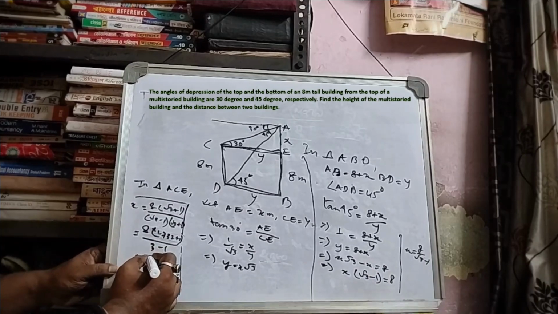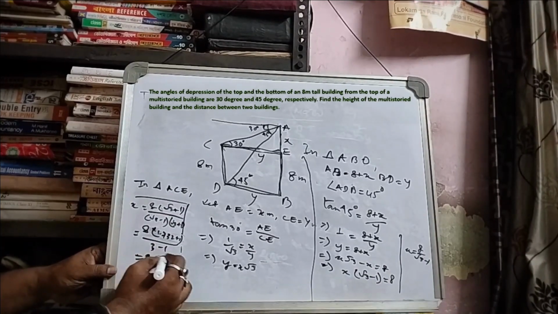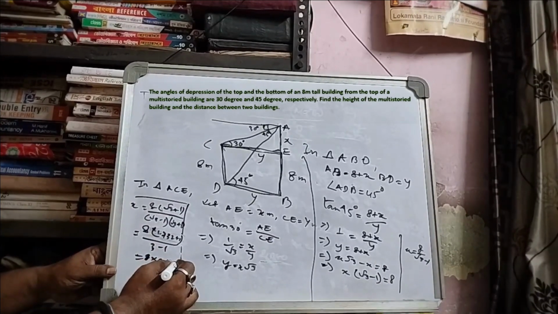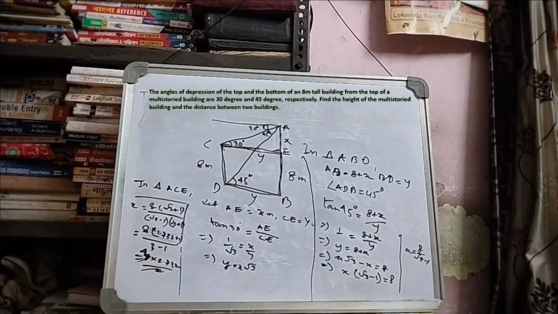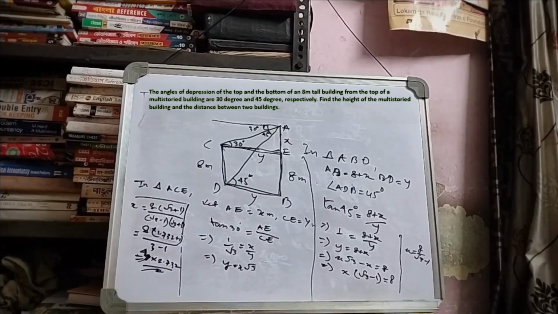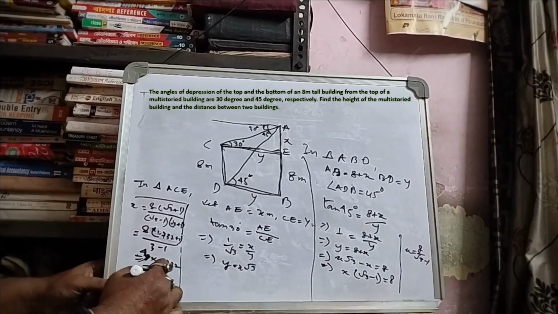So 8 into 2.732 divided by 2. 4 cancels, cancel it with 8, then multiply.